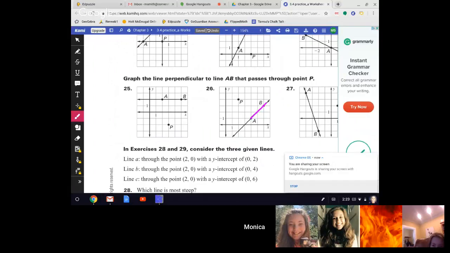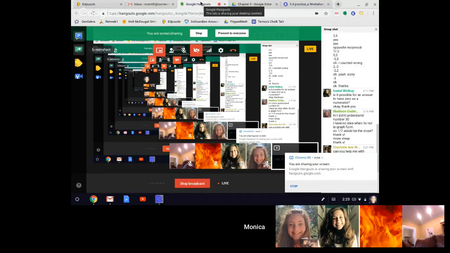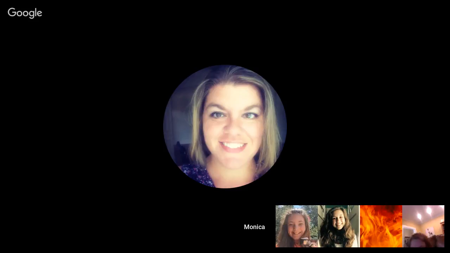You're going to start with P, and you're going to go over 1 and down 1, over 1 and down 1, over 1 and down 1, and then connect that line like that. Does that help?